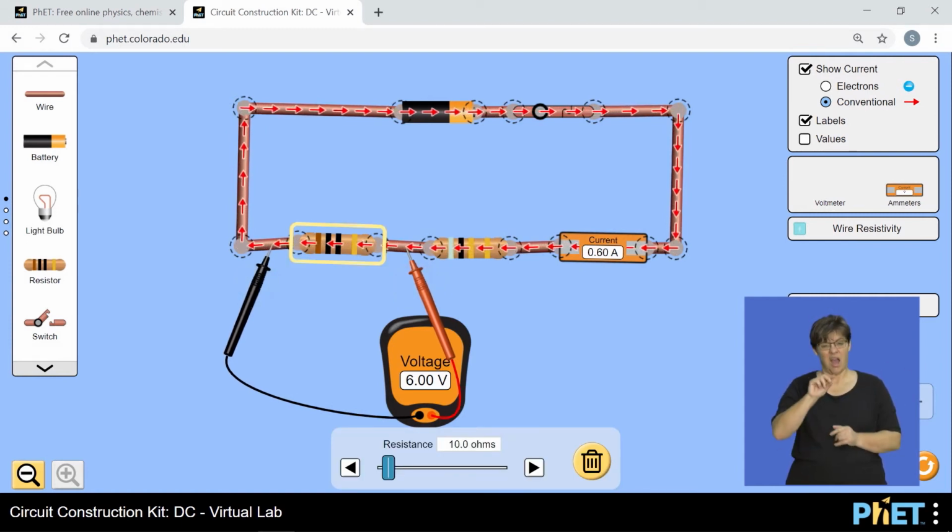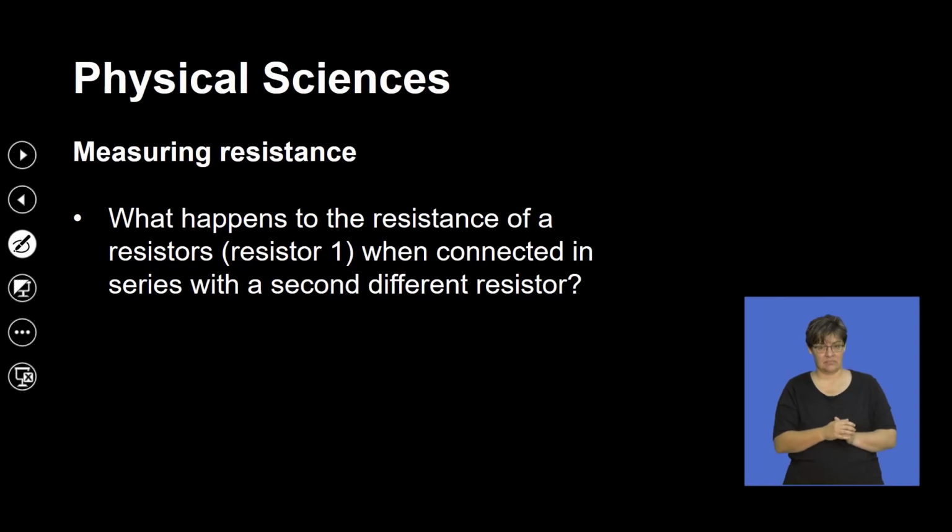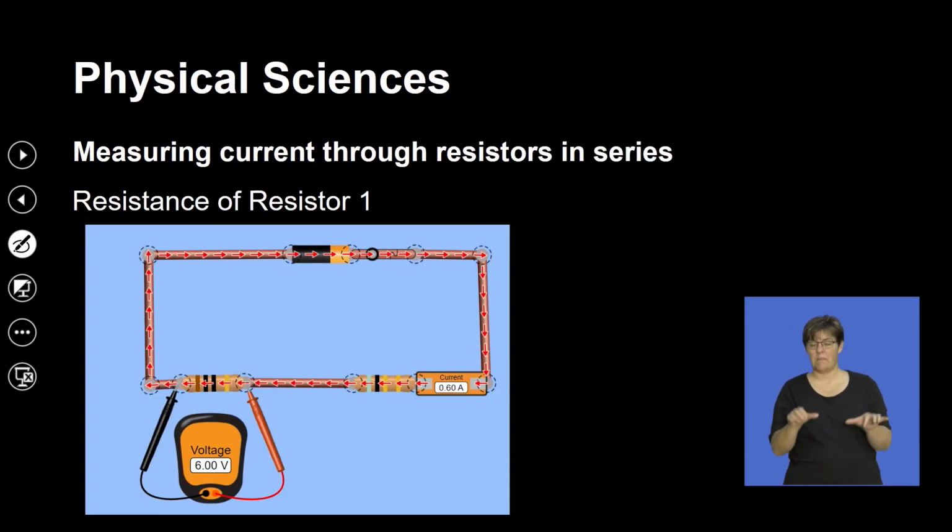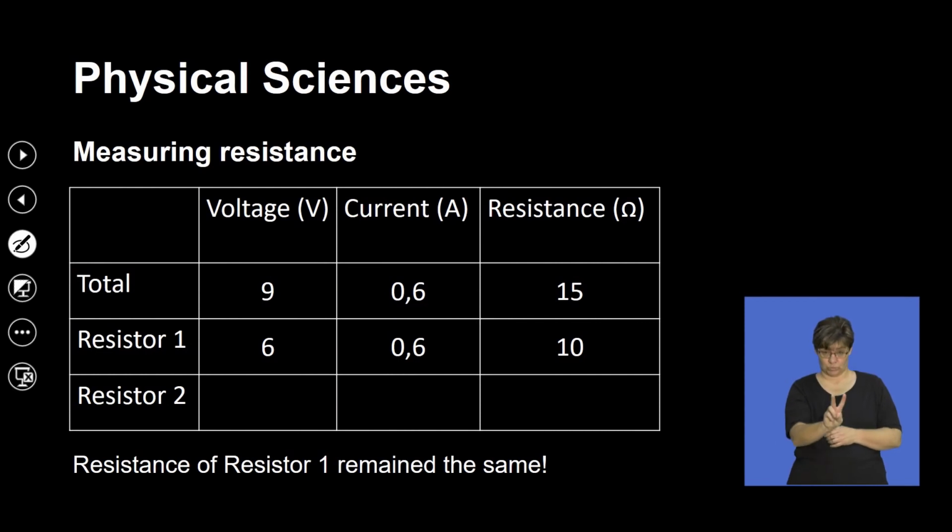But there's something very interesting about the total voltage in this circuit, which is something that we want to arrive at. So this is a big question: what happens to the resistance of resistor R1 when connected in series with a second resistor? We have measured the 6 volts and confirmed that. For R2, we also realized that this is 3, which gives us the total of 9.